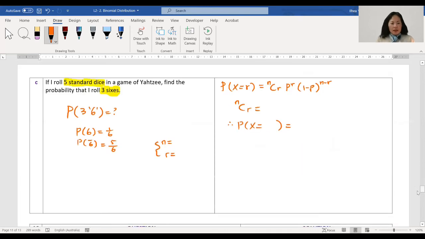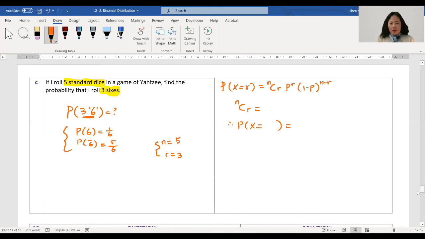Next one. Say I roll 5 standard dice in a game, and I find the probability that I roll 3 sixes. What is my N? 5 dice, and I want 3 sixes. 6 is my success, so it's 1 over 6, and then not getting 6 is 5 over 6.